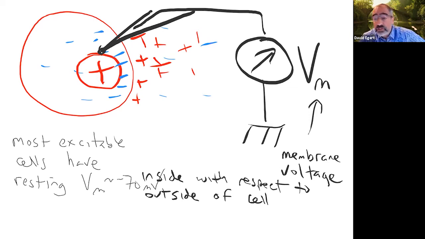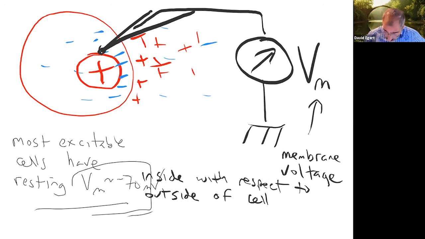And there are channels that will open or close based on what this membrane voltage is. Like a lot of the ones that we're going to see next week, when we look at how neurons create their action potentials, they're going to be closed when the membrane voltage is -70 millivolts, but they'll open when the membrane voltage goes up to -55 millivolts.